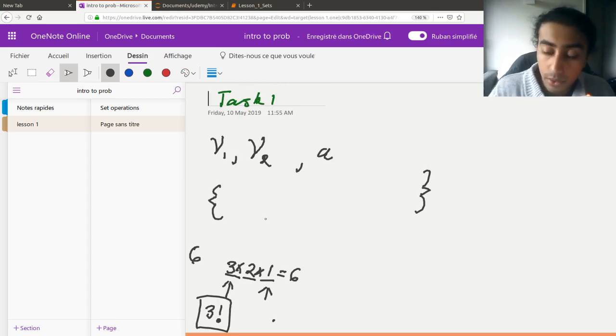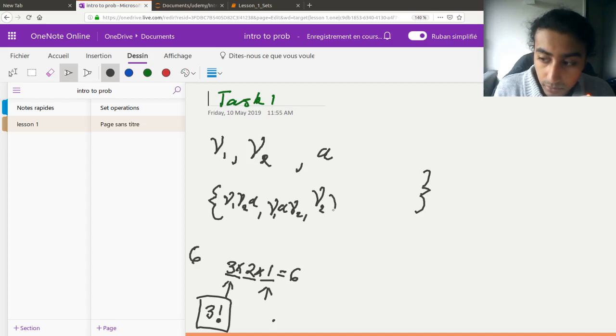But anyway, let's try to find all the ways we can swap these around. So I'd say how about V2 and A. What's after that? How about this one, V1, V2, and there's this one. I just drew a blank. I was like, wait, hold on, aren't these this? No, we swapped the order of that.